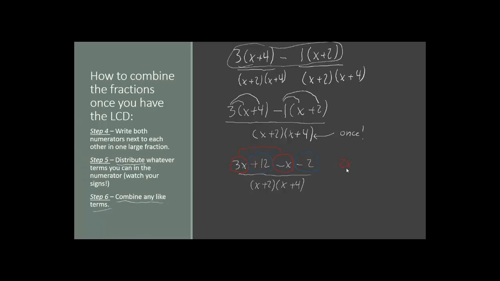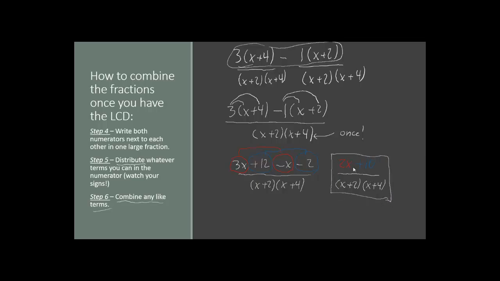Just 2x. And then +12 and -2, add that together. 12 minus 2 is +10. And then it's still all divided by the least common denominator still. And for this problem, this is as far as you can go.